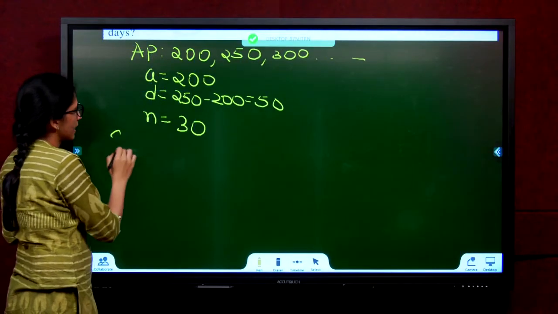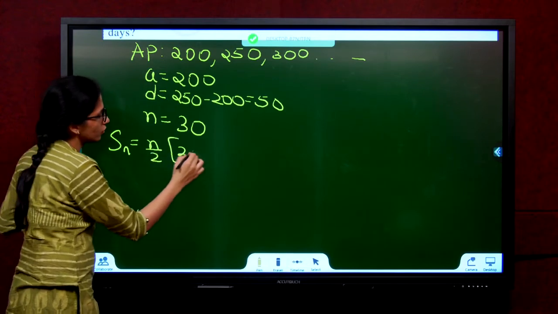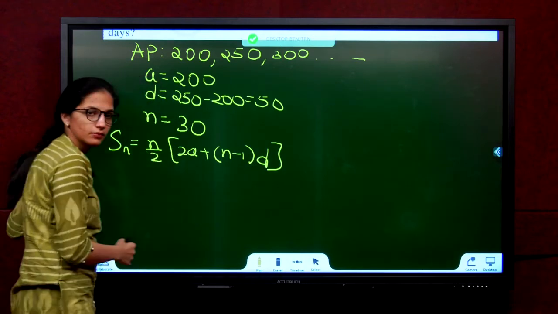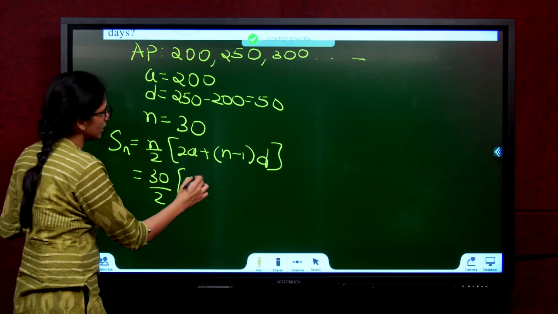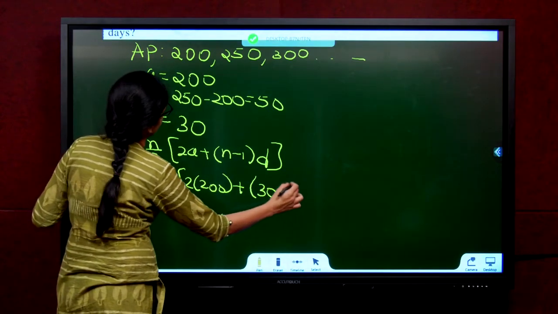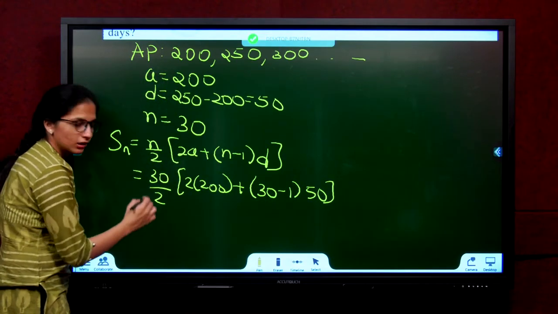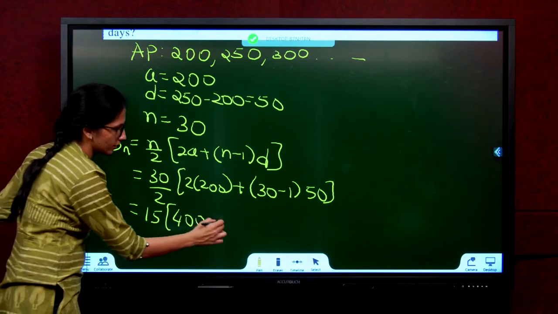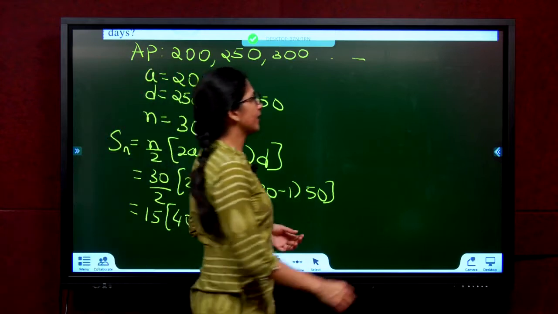So Sn is equal to n by 2 into 2a plus n minus 1 into d. 30 by 2 into 2 into 200 plus 30 minus 1 into d, which is 50. 30 by 2, 15. 2 into 200, 400, plus 30 minus 1, 29. 29 into 50.